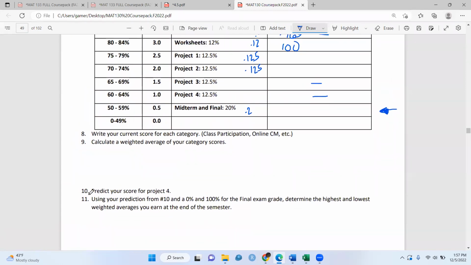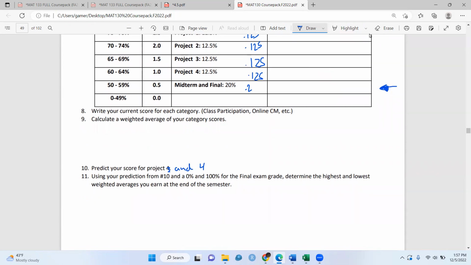So for 10, you're going to have to predict a score for 3 and 4 because I'm so far behind in grading. Right, so you're going to do another 0.25 here, another 0.25 here, and sorry if I'm rushing you. Don't get rushed. I'm just speaking to those who've already got their calculation for 9. Here, you're going to make a guess at what you're going to get for these two.